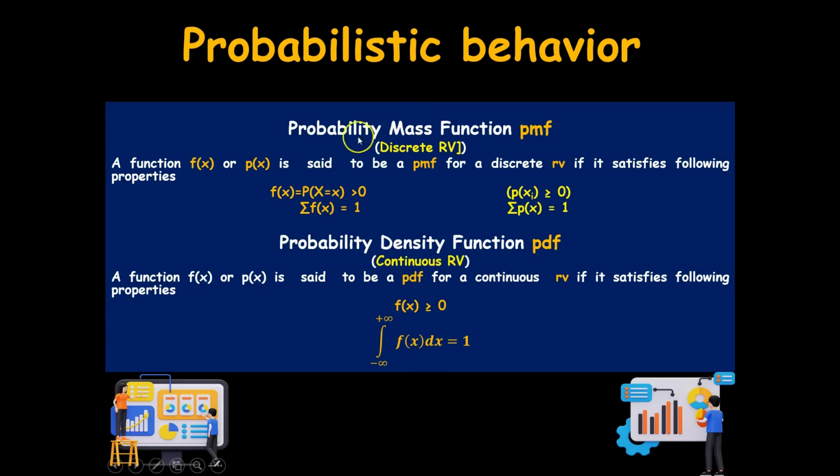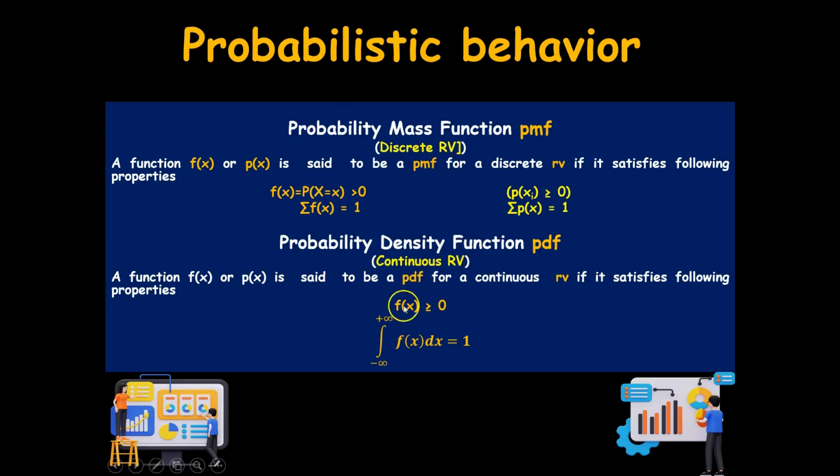So we can say the probabilistic behavior of a discrete random variable is defined by a function which is known as probability mass function, and the probabilistic behavior of a continuous random variable is defined by a distribution function that is known as probability density function.